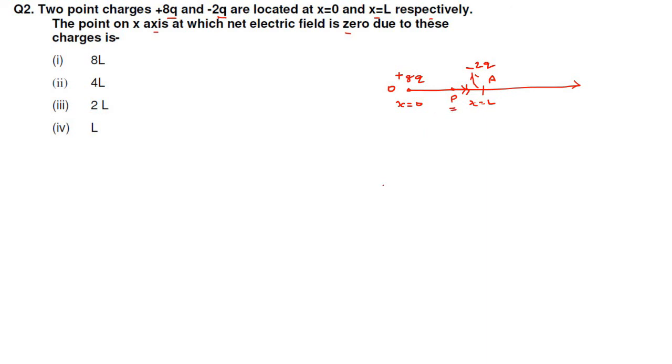For giving zero electric field, the two electric fields should act in opposite directions. Therefore, the point where the net electric field is 0 cannot be in between O and A. Is it clear? Therefore, it has to be on the other side of A. That means it should be greater than L, obviously.